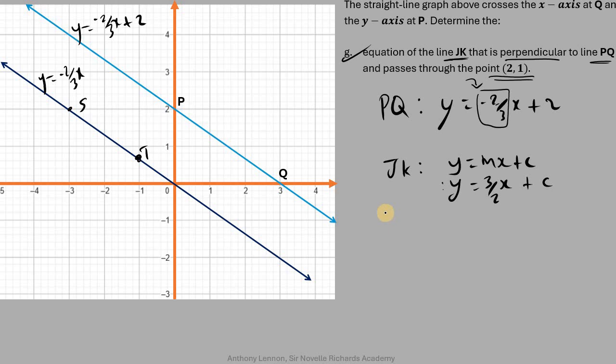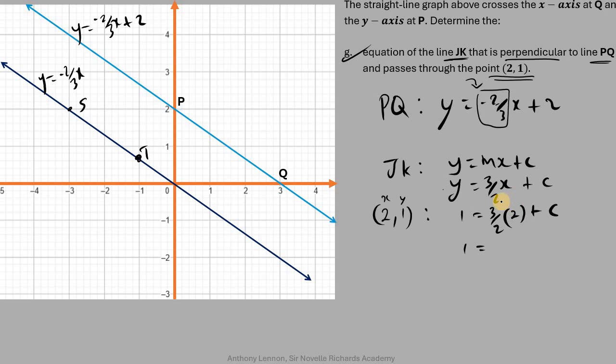So we can substitute the coordinates of that point 2, 1 into the equation of JK. We can replace the x and y with 2 and 1 respectively. So y is 1 here, and the x will be 2. And then we can simplify.